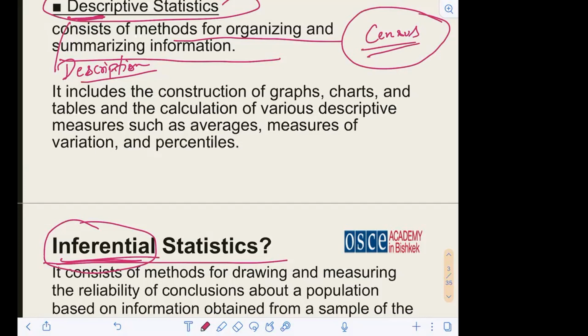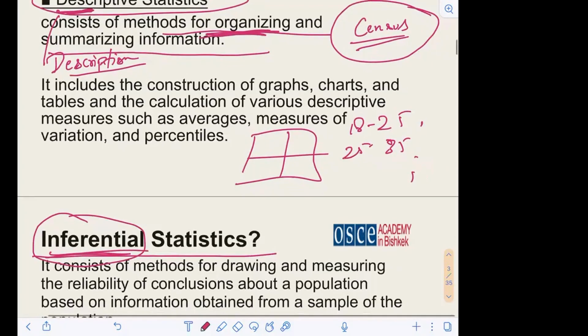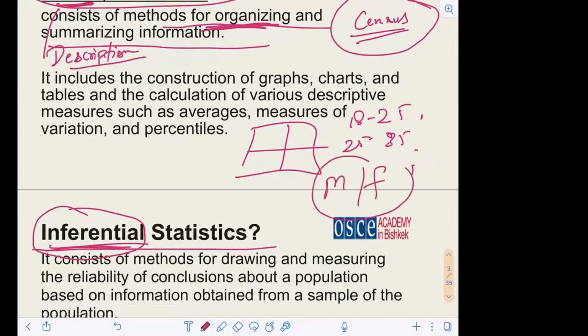After collection of data, the second very important part is how you are going to organize the data. Organization means that you would tell me, Mr. Kashif, in Bishkek there are different ages of people living, 18 to 25 or 25 to 35 or whatever you like. And then you would tell me that some males and some females are living there.